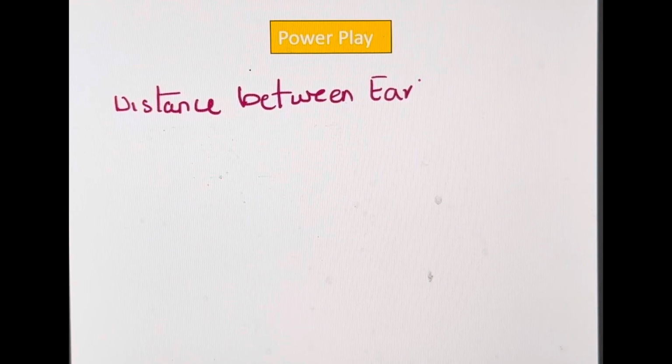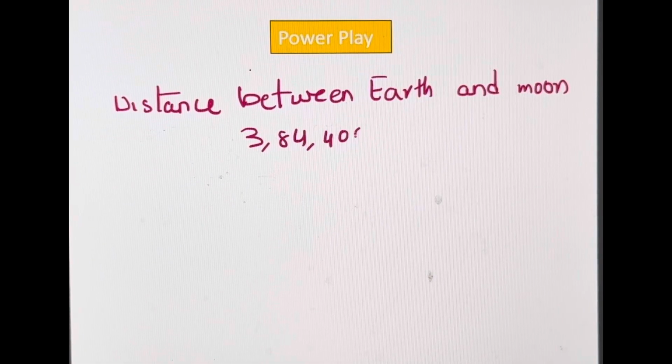So first let us write down the distance between Earth and Moon is 3,84,400 kilometers. First we convert this into centimeters, because the distance between consecutive steps is 20 centimeters, so then it would be easier.